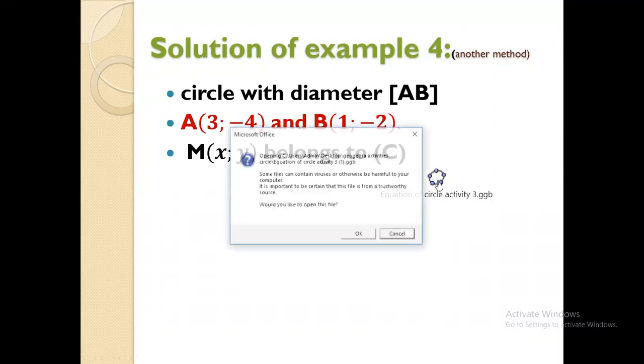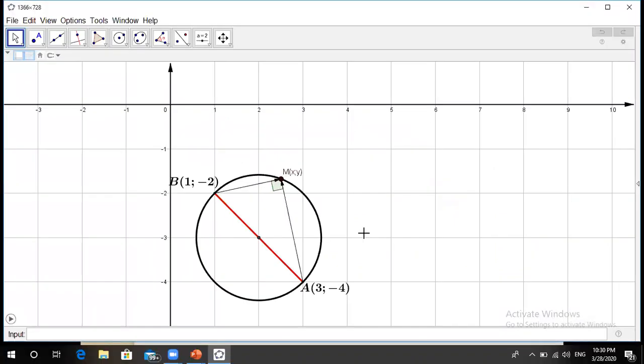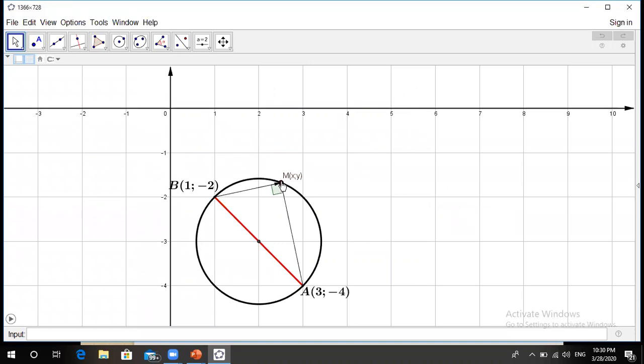Let me check this GeoGebra activity again. So we know the coordinates of A and B, which are the extremities of a diameter. M is moving on this circle. M has coordinates x and y. What relation exists for all points M on the circle?